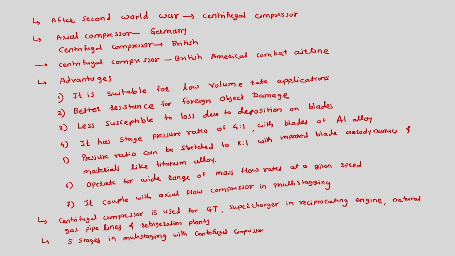So the development of centrifugal compressors ceased, or went at a slow pace, since it is not suitable for higher volume or mass flow rate applications. But it is very encouraging in case of foreign object damage, low mass flow rate applications, and higher single stage pressure rise. These are the advantages of the centrifugal compressor.